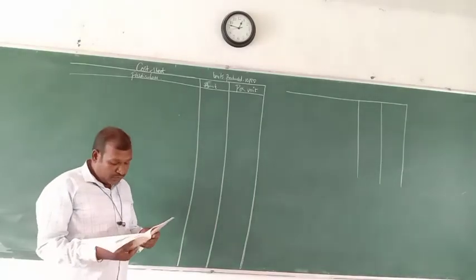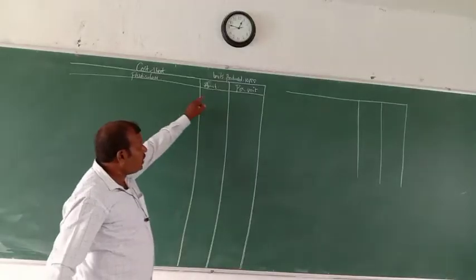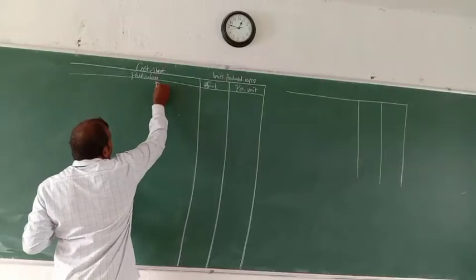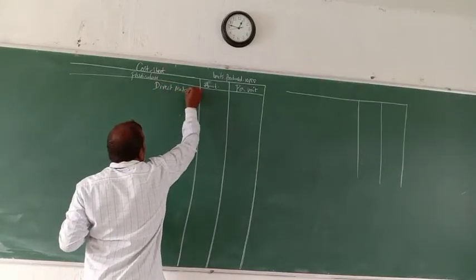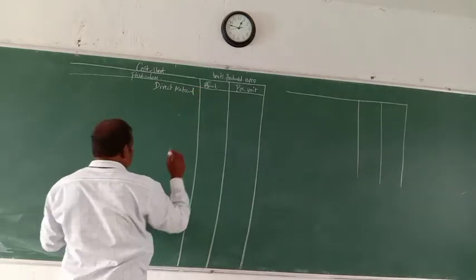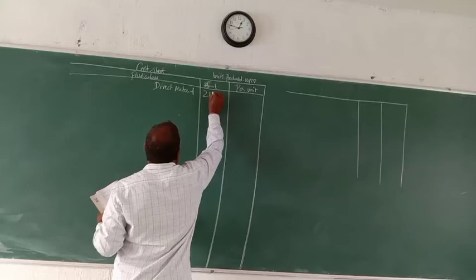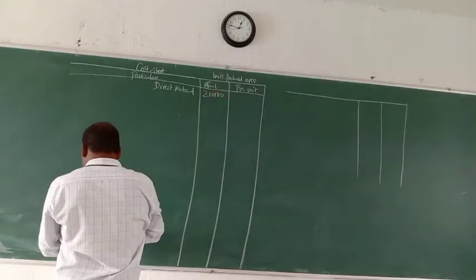Okay. First we will prepare the cost sheet. So I have taken particulars column, common column, and per unit column. Direct material. So direct material is given 2,10,000.